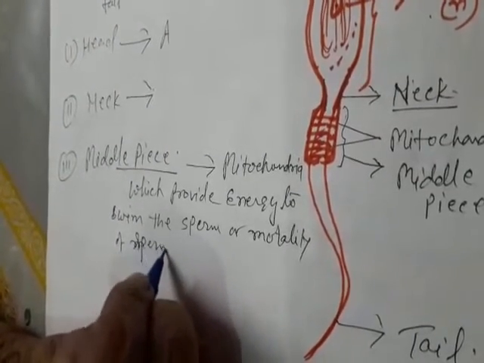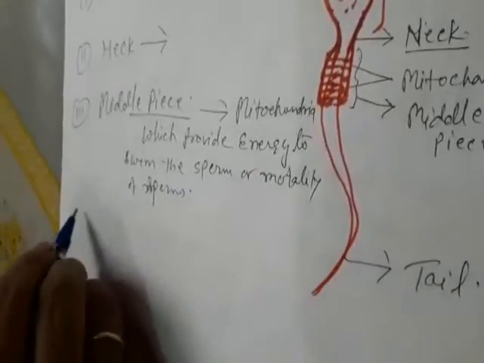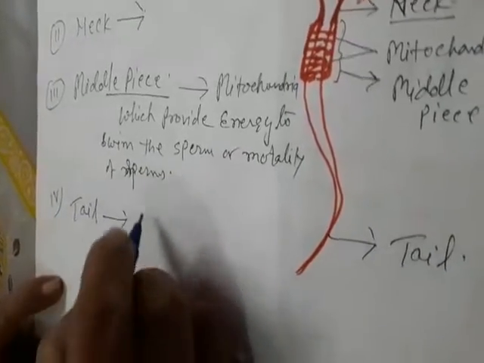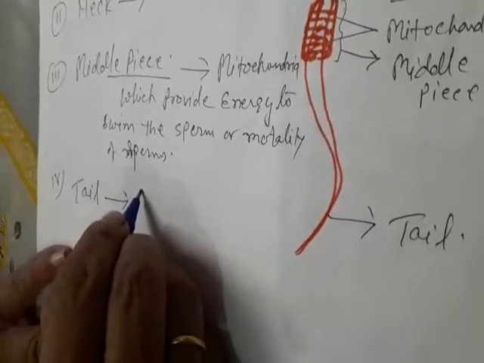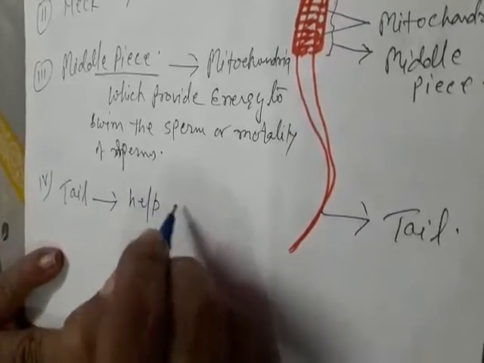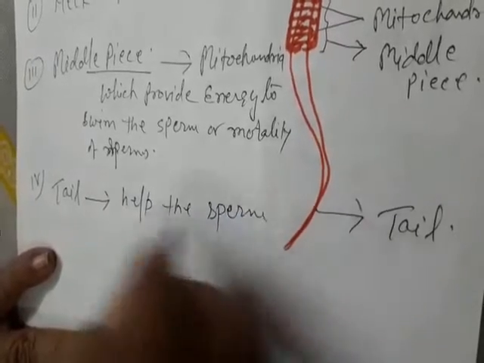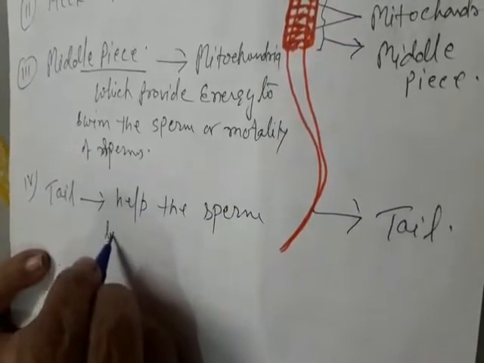Fourth, the tail. It helps the sperm to swim.